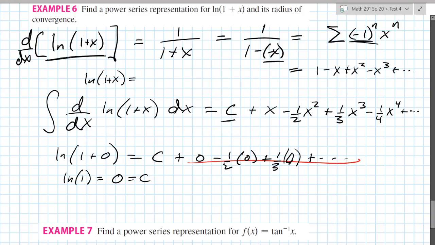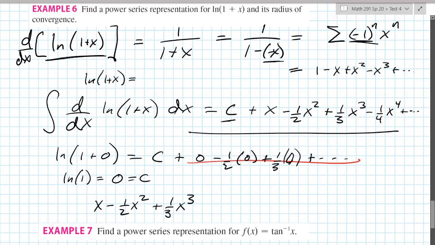So what that means is I need to write x minus 1/2 x squared plus 1/3 x cubed minus 1/4 x to the 4th, and so on, in summation form. And I can choose what I want my n to start at.